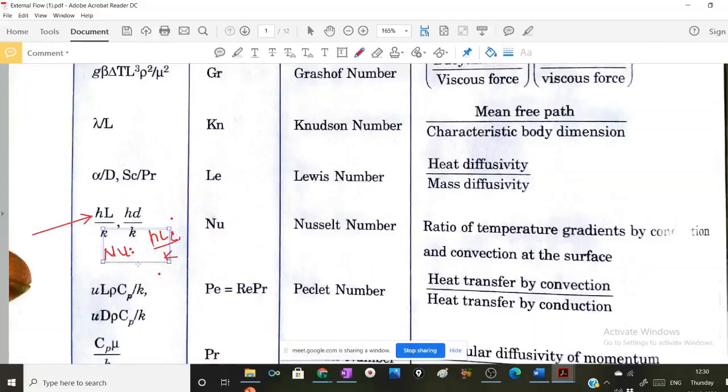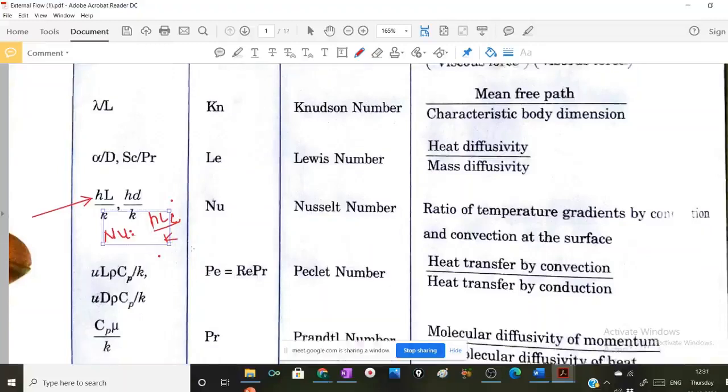In case of a flat plate, Lc will be equal to L, that is length, and in case of internal flow, that is flow through a pipe, Lc will be diameter. So please remember this in your mind.